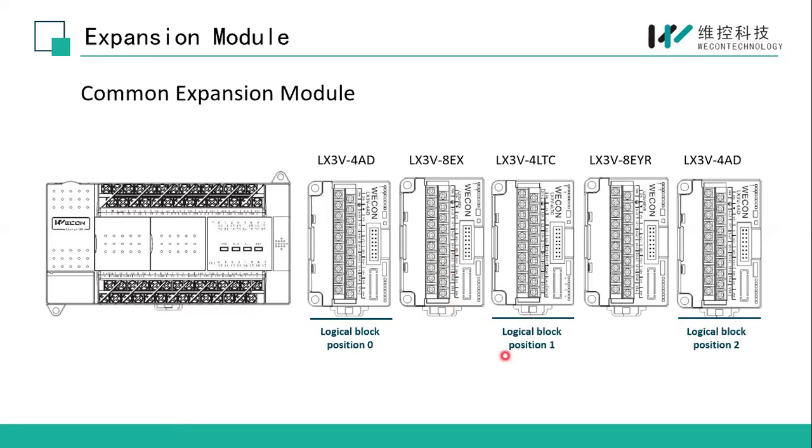So position 1 is the third module here. The fourth module is the same, a digital output module. So when we use this module, we just name it Y, for example, Y50 here. So it doesn't need any position number. And for the fifth module here, we need to use a position number. So here it is position 2.